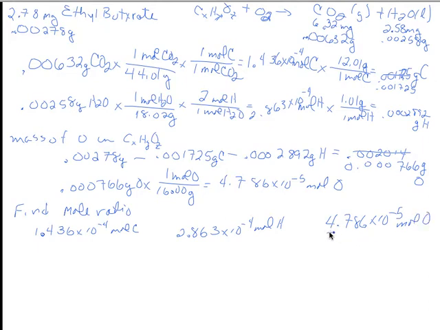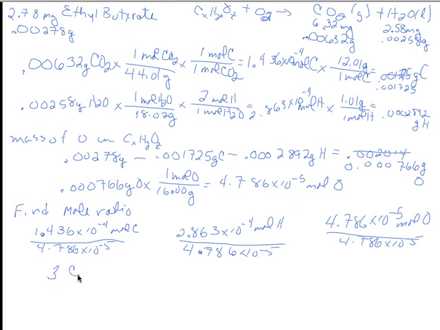The smallest number is the 4.786 times 10 to the negative 5. I'm going to divide each of these by 4.786 times 10 to the negative fifth to get the smallest whole number ratio. That gives me 3 carbons, 6 hydrogens, and 1 oxygen.